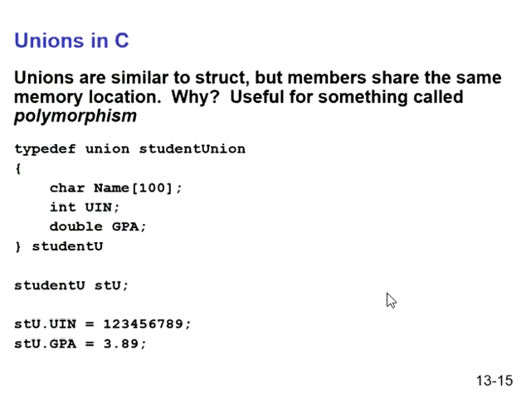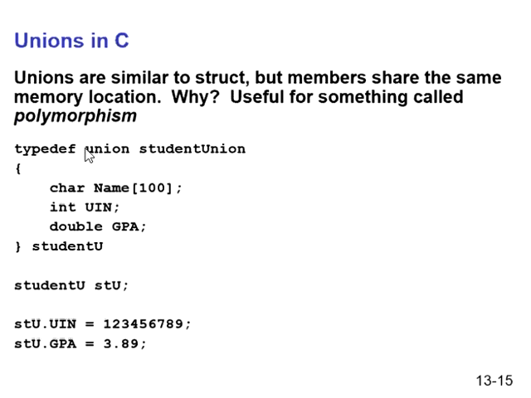And we have another one, we call it unions. Unions are similar to structs, but members share the same memory location. When you study C++, it is useful for something called polymorphism. For example, with this, we have 3 elements inside. Over here, we have the union student union.